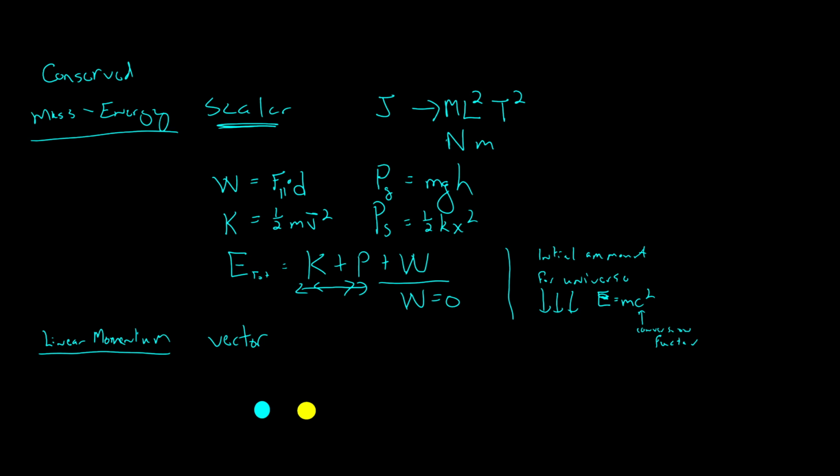And so we're going to look at a vector quantity based off of the velocities and masses of these objects. We can look at this system where we have some velocity and some mass for object 1, and some velocity and some mass for object 2.